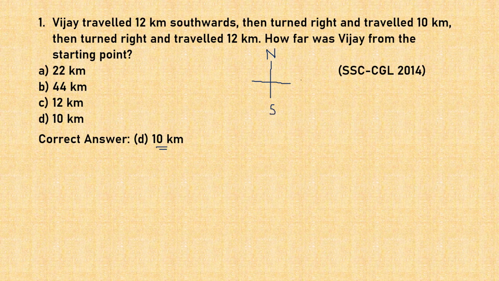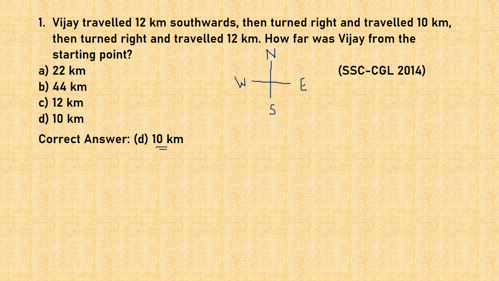So this is the north direction, this is the south, this is the east and this is the west. This is something which must be encrypted in your mind so that you don't have to think before solving such questions. And even if it's not encrypted, you can quickly draw it in one corner of your question paper and quickly plot the figure and then find out the correct answer.